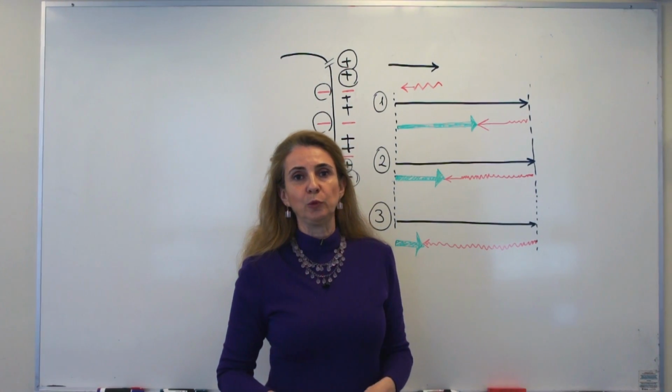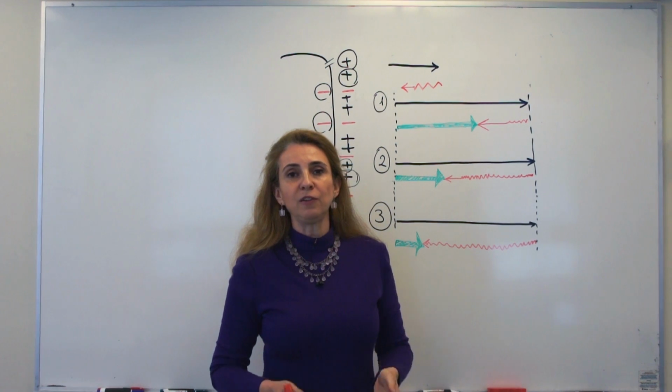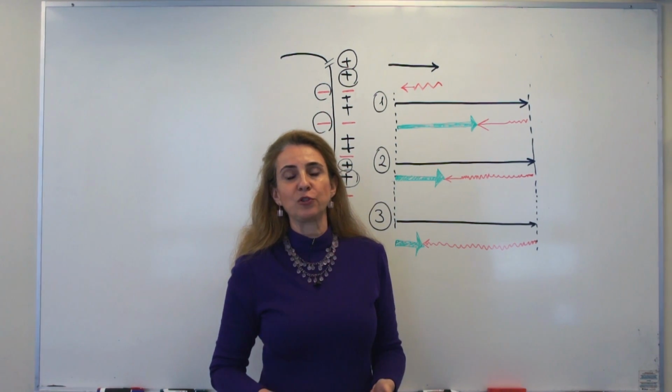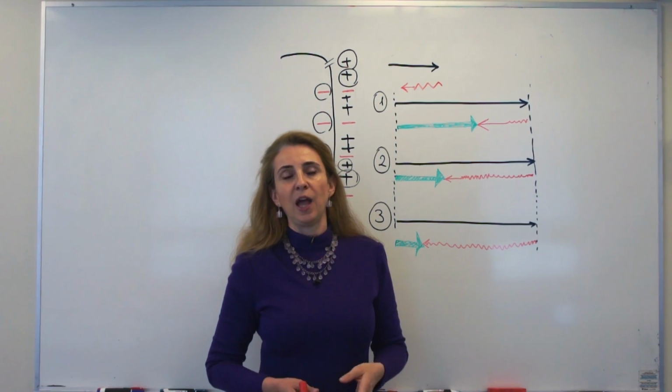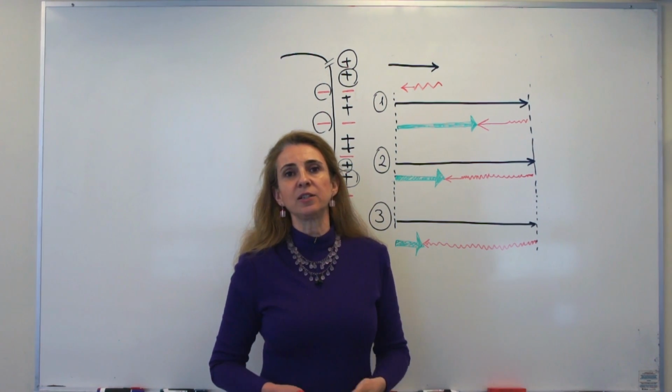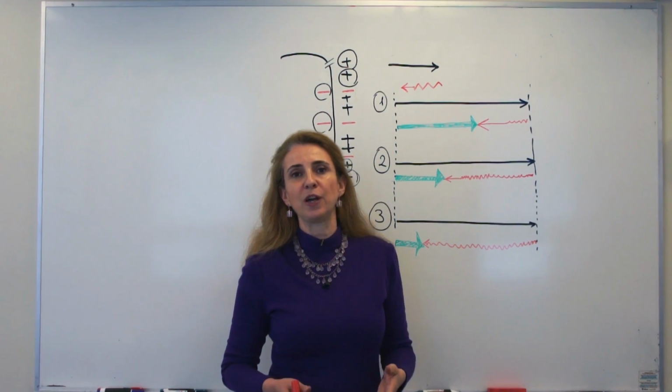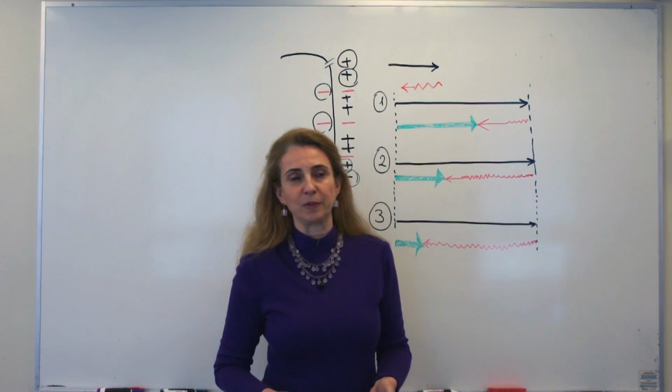Potassium continues to move out of the cell. Eventually, electrical potential becomes equal to the chemical potential, at which point they cancel the effect of each other because they are in opposite directions.